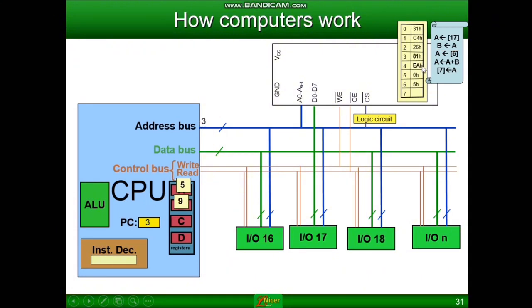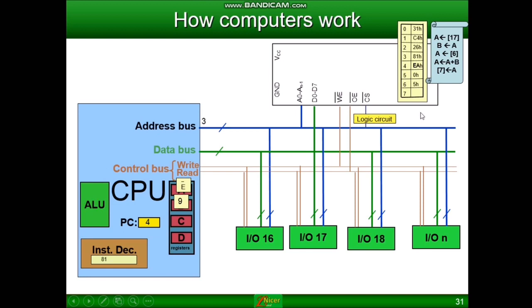Coming up to the next program counter, that is 3. Its instruction is 81. 81 is going to come to the instruction decoder and it's going to perform the arithmetic operation. First of all, it's going to take the data from both of these A and B registers, 5 and 9, and it's going to give us the output as E, because it has to be in hexadecimal.